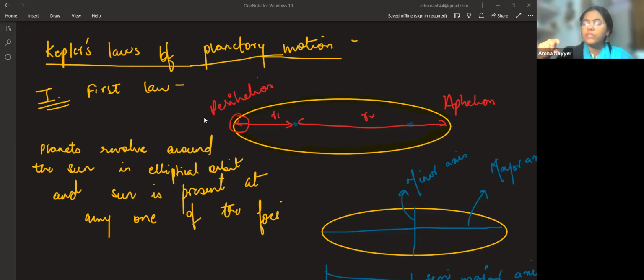This distance will be more, this distance will be less towards the periphery. Here the sun is. So this edge, which is very close to the sun, we call perihelion, and the longer one we call aphelion. Perihelion and aphelion. So planets revolve around the sun in an elliptical orbit, and the sun is present at one of the foci. This is Kepler's first law.